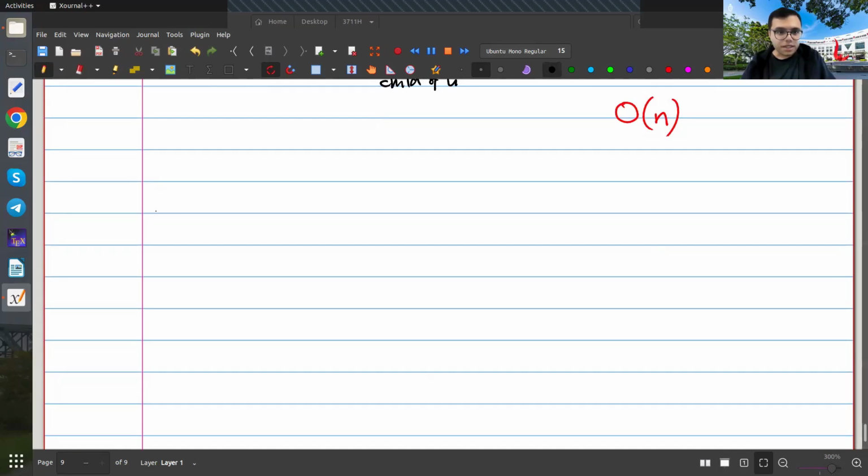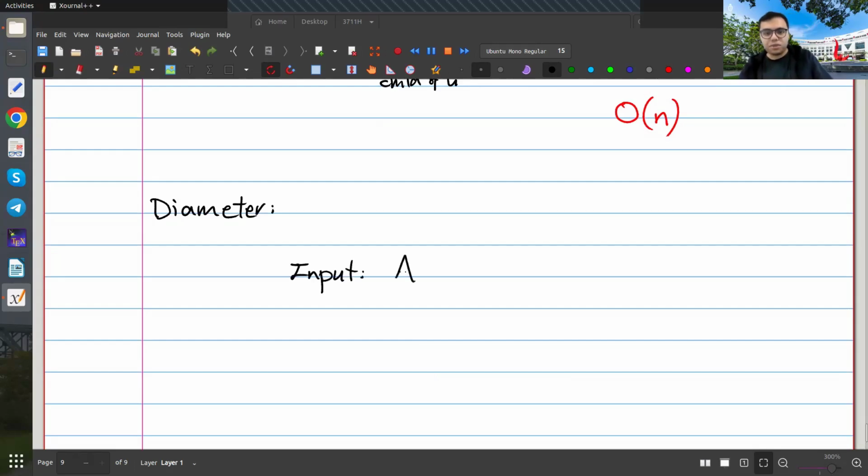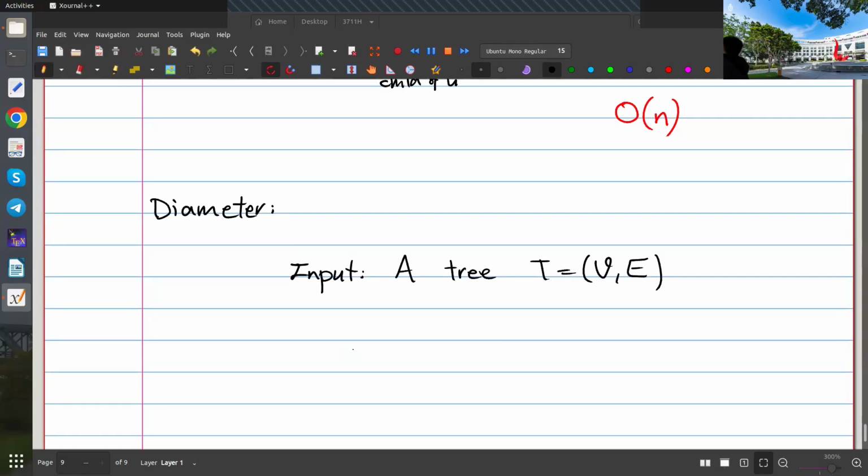So this is the diameter problem. Let's say in the input, I give you a tree with vertex set V and edge set E. And in the output, I want you to write the diameter of this tree. So the maximum distance between any two vertices.